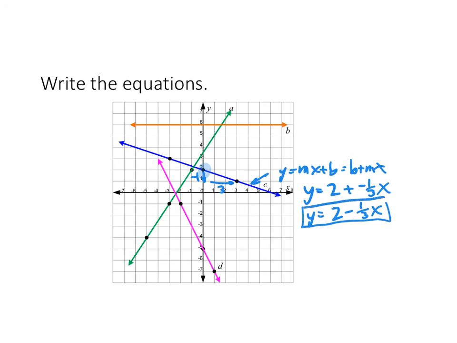Let's do the green one. The green one, I can't see a y-intercept clearly, so I'm not going to rely on that. But it does go through some points. Let me write the point that it goes through, and then that'll help me write the equation. The point that this goes through is -1, 2. So -1 is my x sub 1. 2 must be my y sub 1.